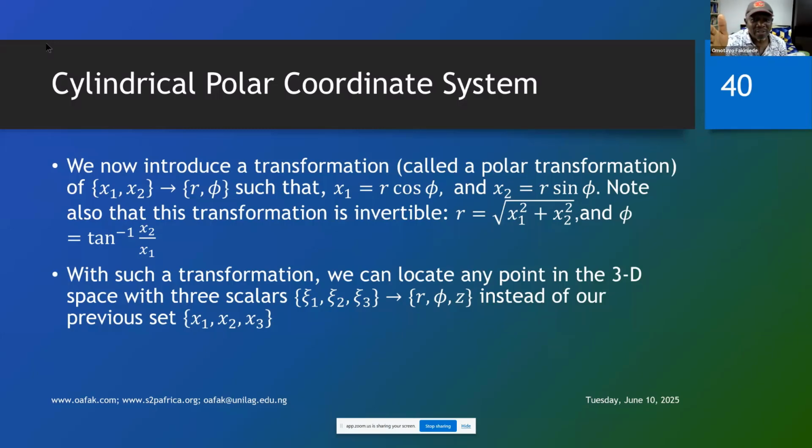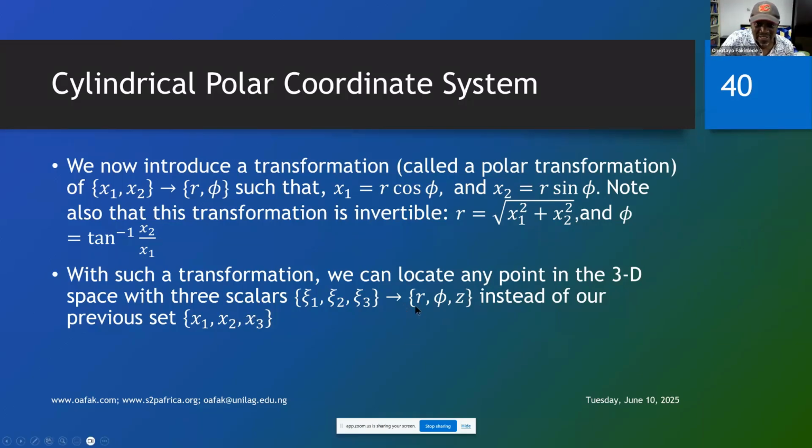Before we move on, notice that there is already a fundamental distinction between this coordinate system and the Cartesian we are used to. First of all, in the Cartesian, x1, x2, and x3 are all referring to lengths: length in the x1 direction, length in the x2 direction, length in the x3 direction.